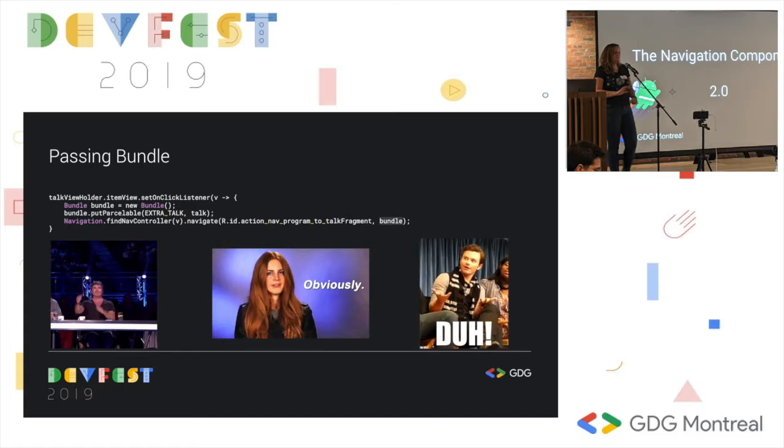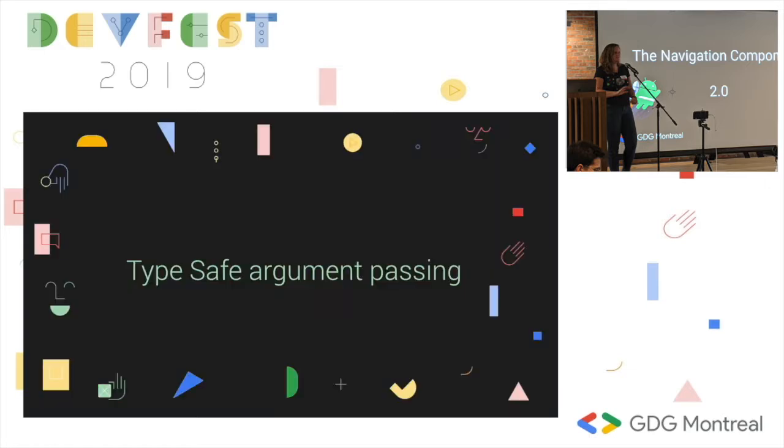Bundle is everywhere. But did you ever try to use another way than bundle? Sometimes it's complicated to know which key I need to use for this screen specifically, and with this destination, because you can have many entry points to the same screen, but not the same parameters, and it can be a little bit complex. So then Google introduced type safe argument passing.